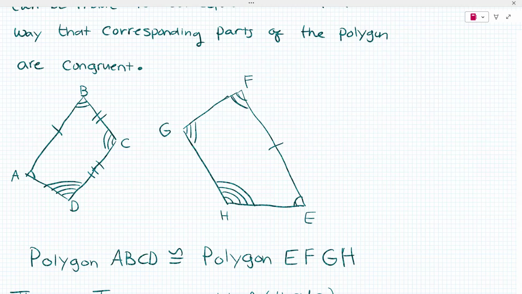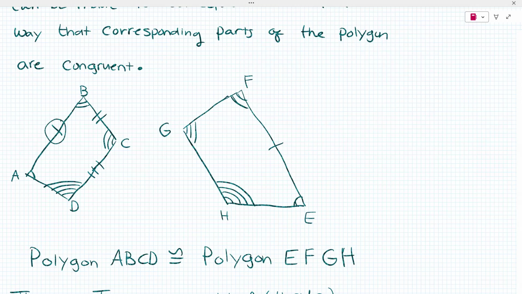And then if you look at the sides, see how this has one tick mark. Line segment AB is related to line segment EF. Also, I didn't put this, but there should be another tick mark, because in order for it to be congruent, all sides and all angles must be the same.